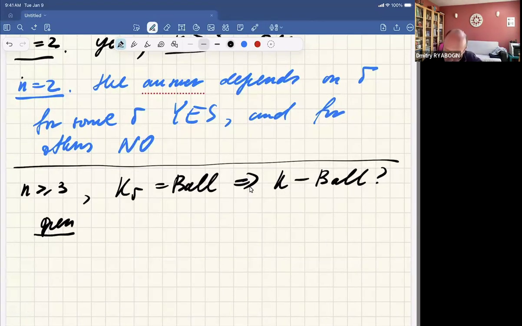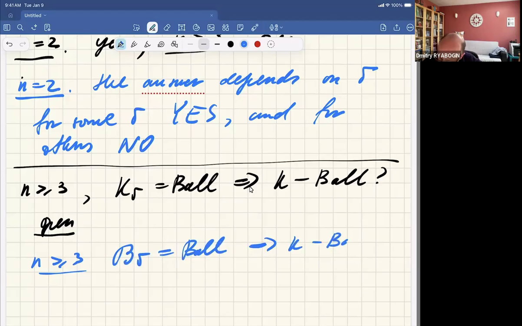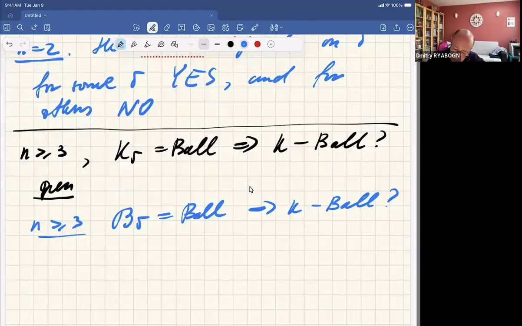And again, if you think about it, the question I started with could be considered as a degenerate case of this one, and for n greater or equal than 3, for the question K delta is equal to the ball, does it follow that K is the ball?